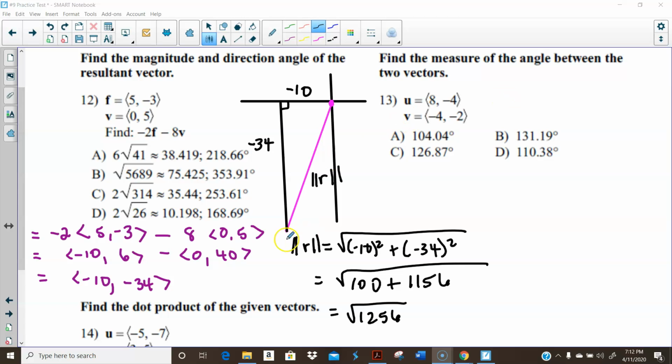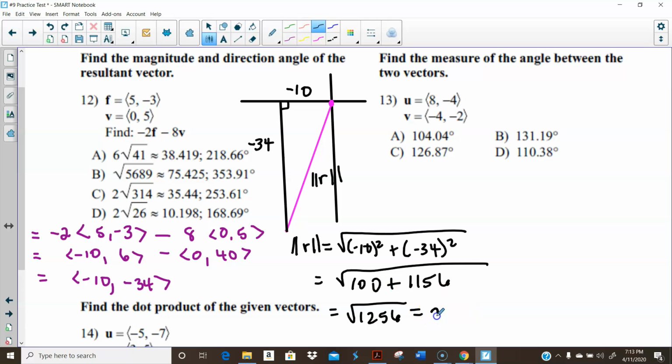So when I find the length of this, which is the magnitude, it's the square root of a squared plus b squared. And that's going to be the square root of 1256. It's almost easier just to do the decimal since they have the answers in decimals here.